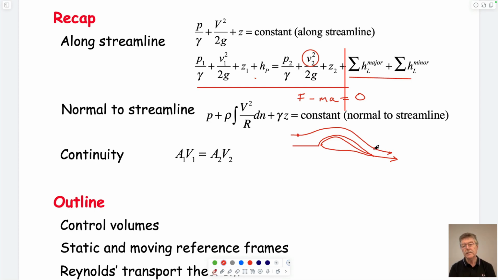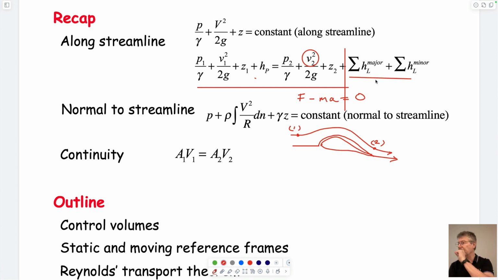And we can write these equations between an upstream point and a downstream point. It doesn't matter which way we write it so long as there are no losses. But you should always be used to writing it from upstream to downstream, because that's the standard protocol if we do have energy losses in the system.